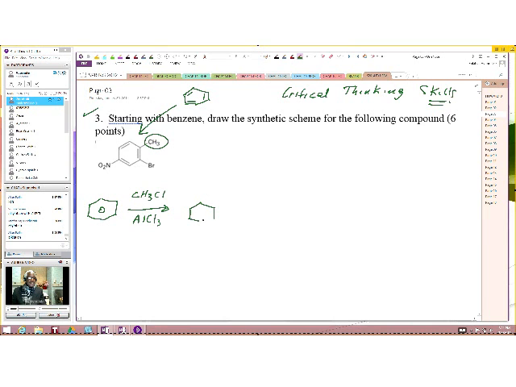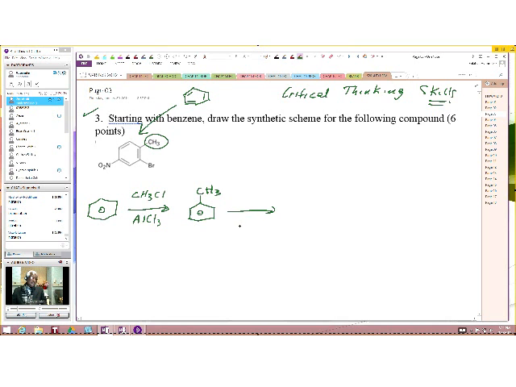You just simply need to know those reagents, but once you know them, you need to be able to put all of this together in a synthetic scheme. Now we have the toluene. We have replaced the hydrogen here with methyl. Now, what is the next step?